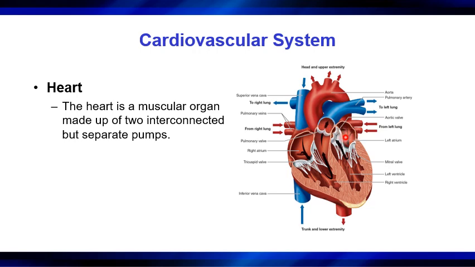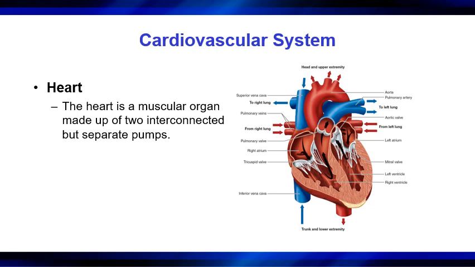From the left atrium, it goes into the left ventricle. And from the left ventricle, that blood gets pumped out through the aorta and the circulation into the rest of the body. Blood goes out to the rest of the body, carries oxygen and nutrients, comes back, and then we start back over again at the right atrium. So that's the order of the circulation.